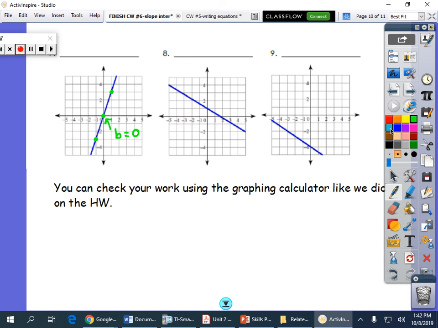And my slope here is I'm going up 1, 2, 3, rising 3, and I'm running 1. So my slope is just 3. So y equals 3x plus 0. Do I have to write the plus 0? No. So you could just say it's y equals 3x.